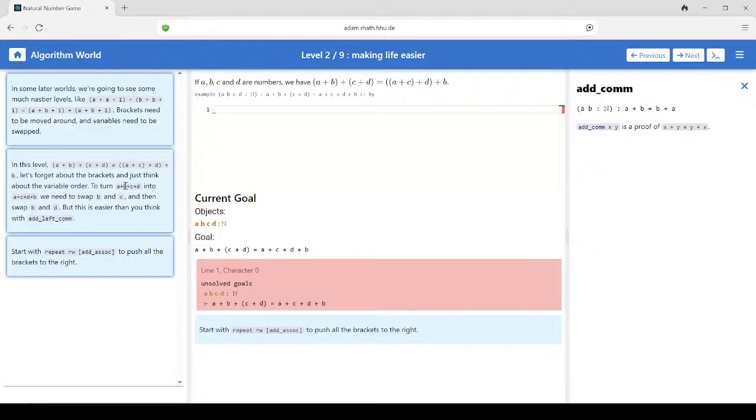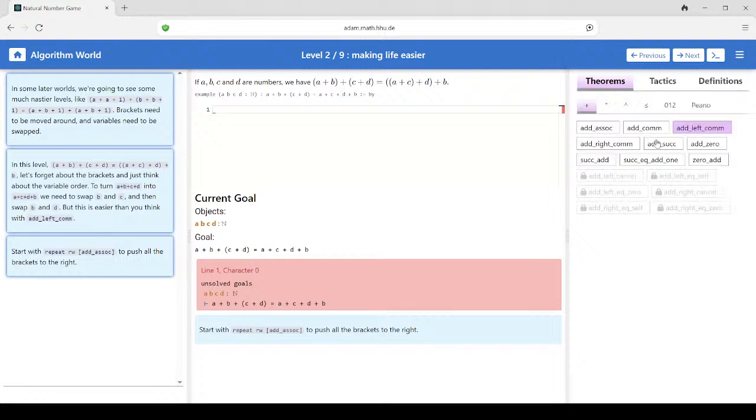Let's forget about the brackets and just think about the variables in order. To turn a plus b plus c plus d into a plus c plus d plus b, we need to swap b and c, and then swap b and d. But this is easier than you think, with add left commutative, which is the one we just proved.